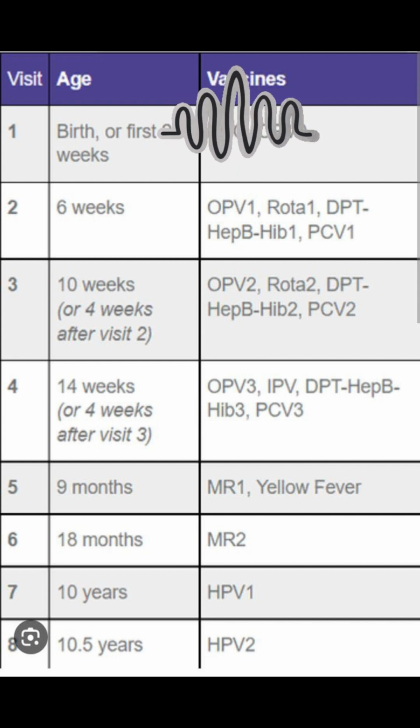And then at 14 weeks, you will be given oral polio, DPT, hepatitis B, and HIB. And then you will be given PCV, that is for pneumonia 10.